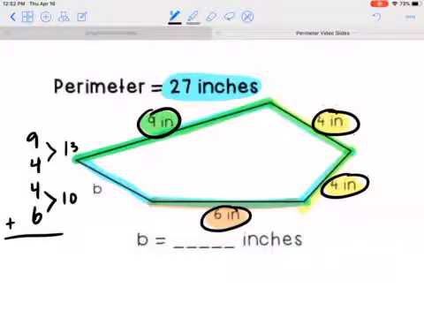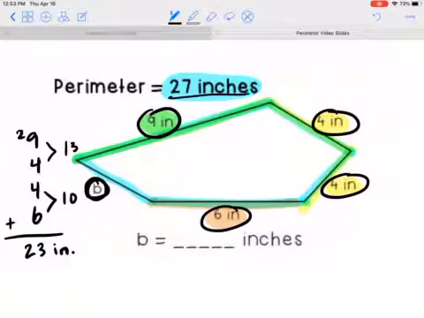So 10 plus 13 is 23. Oh, not 33, 23. So we know that all the side lengths except the one we're missing, which is b right here, the sum of those side lengths is 23 inches.